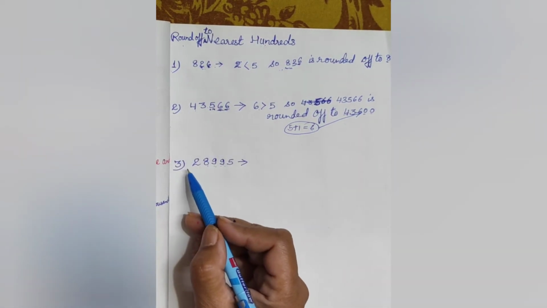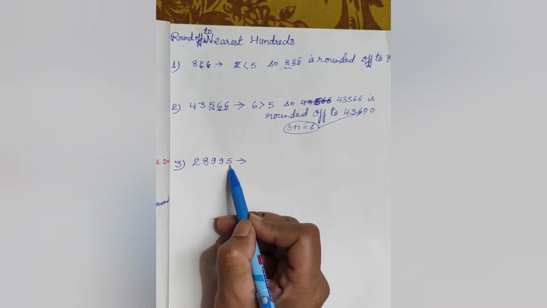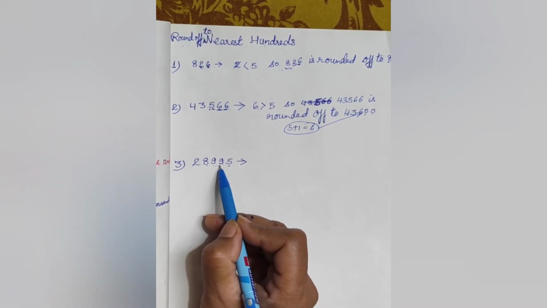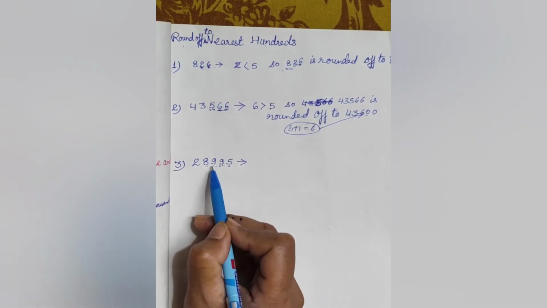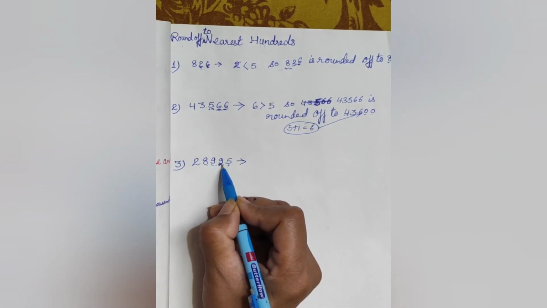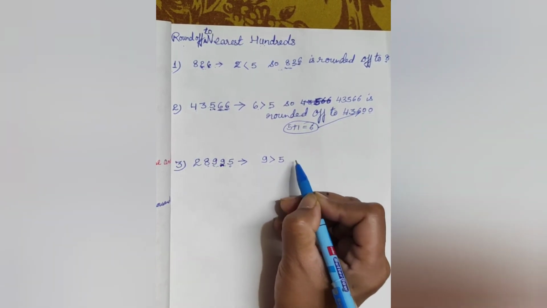In example 3: 28,995. If the digit at the tens place is equal to or more than 5, replace the tens and ones digits by 0 and increase the hundreds digit by 1. So here tens place digit is 9, which is greater than 5.